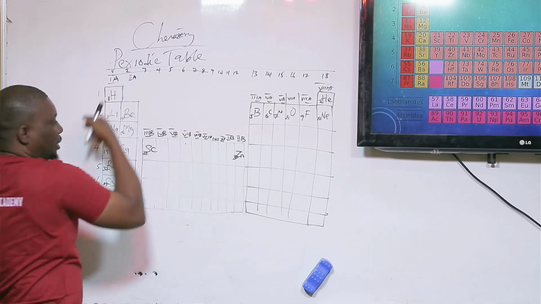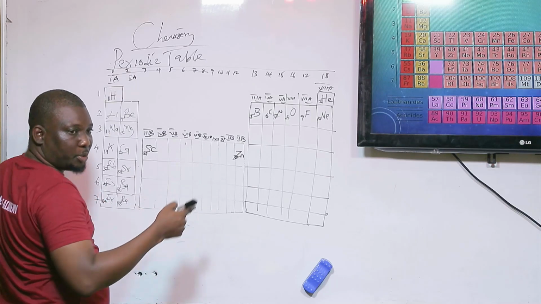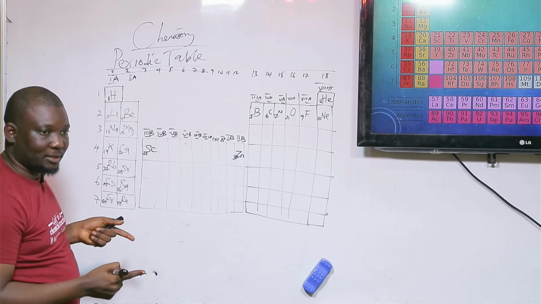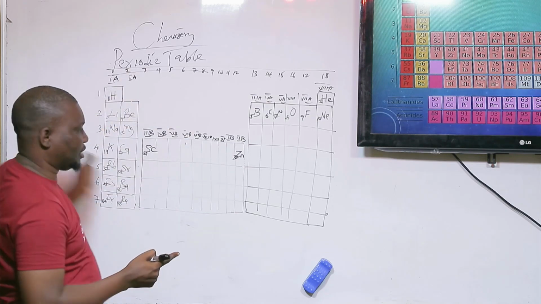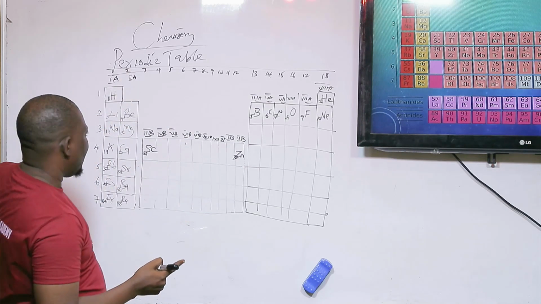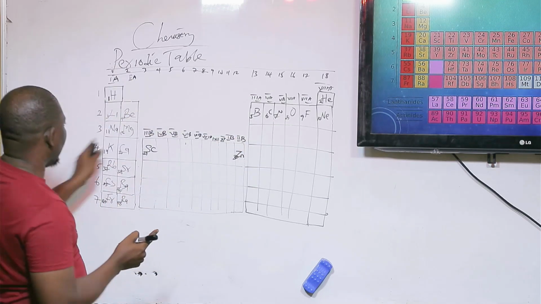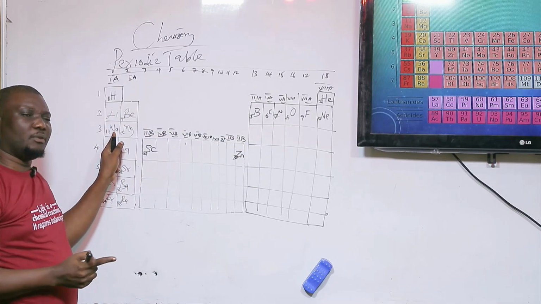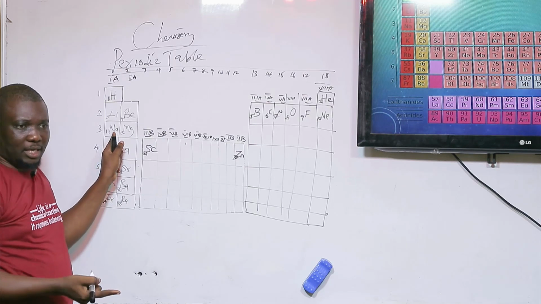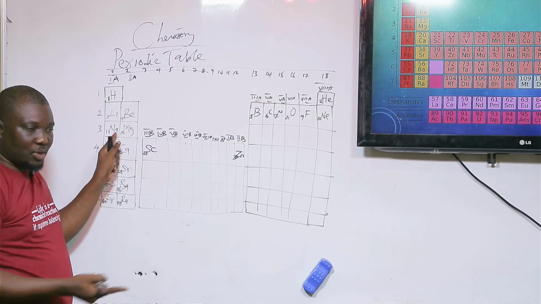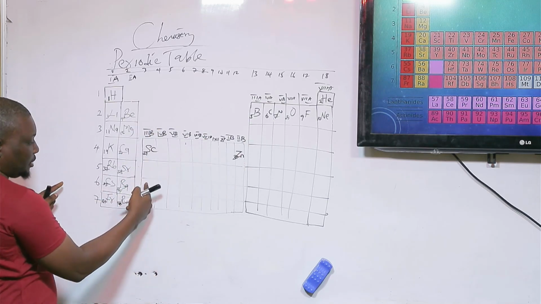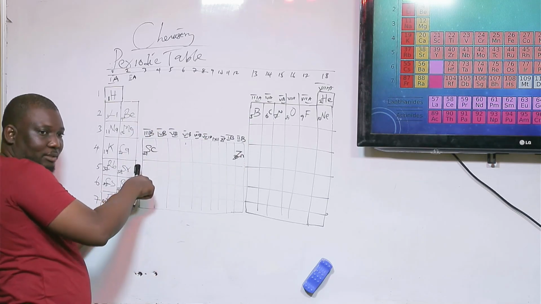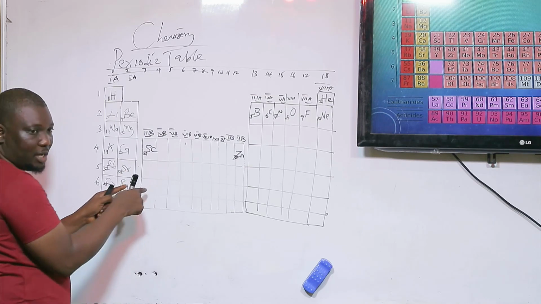As you are arranging, these properties are now reoccurring. Do you understand me now? You suppose that if you arrange, it reoccur. It's not as if, after arranging, by the time you are getting here, you are having a non-metal here by mistake. It's not happening here. So as this thing is being arranged like this, even when you get to this point, you now see that there's an inner block inside here, because this is not where it's going to end.